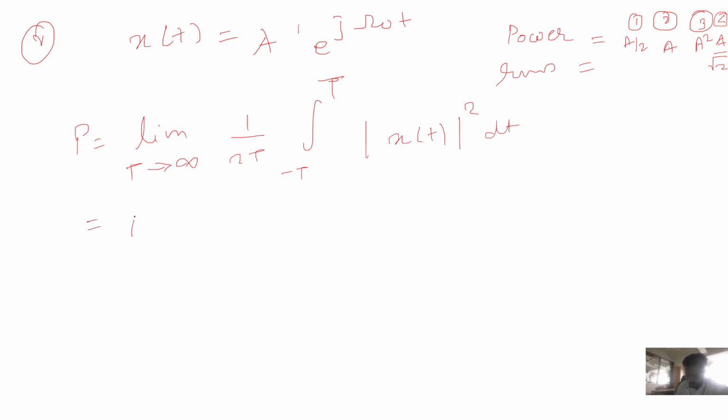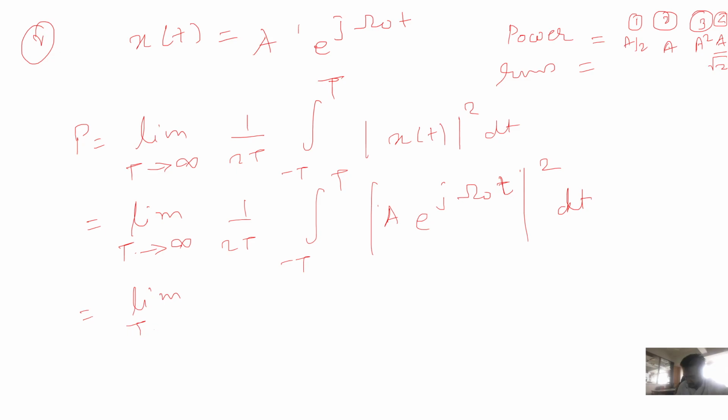Let me write it. I will replace x of t: limit t tends to infinity 1 upon 2t integration minus t to t, where x of t is a e raised to j omega 0 t, its mod square dt. Now I can take a outside, I have to make it square and take it outside.